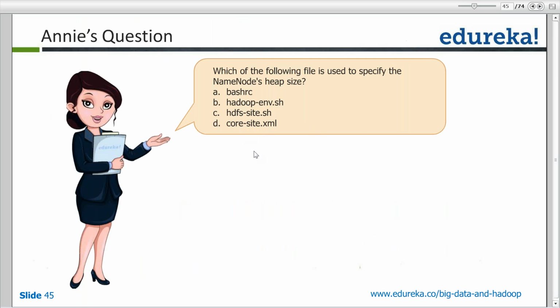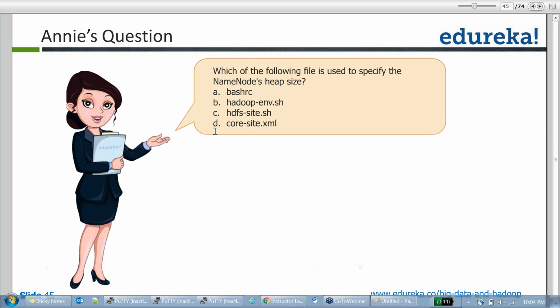Okay, so let's go to this question. Which of the following files is used to specify the name node's heap size? Let's see who answers this first. Okay, most of you say it's hdfs-site.